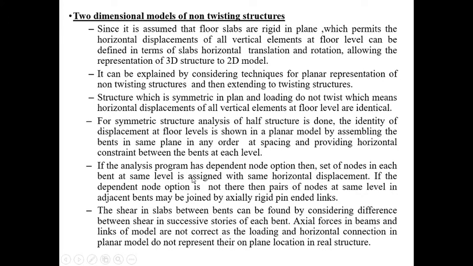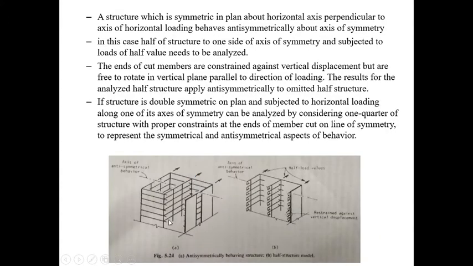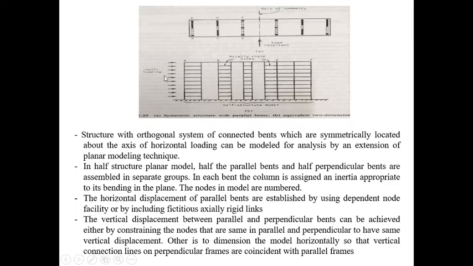So here in this figure you can see a symmetric structure with parallel bents, and here is the equivalent two-dimensional structure. In the first figure A, it is with parallel bents A to B. Here is the rigid frame, the shear wall, then C to D, E, F, then this is the axis of symmetry where it is cut, and the same is applied on the other side.